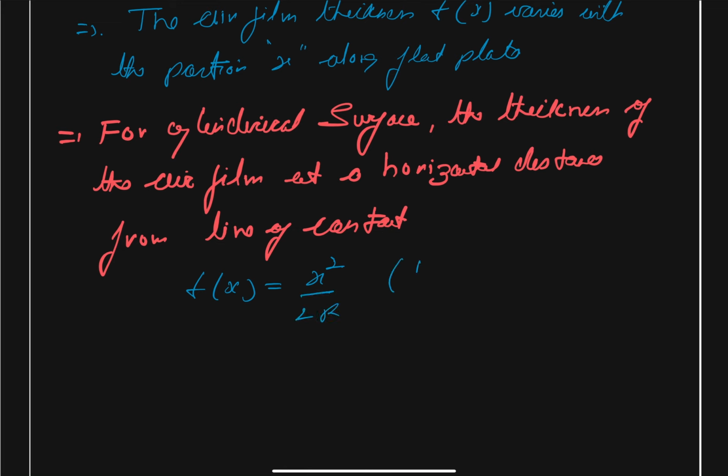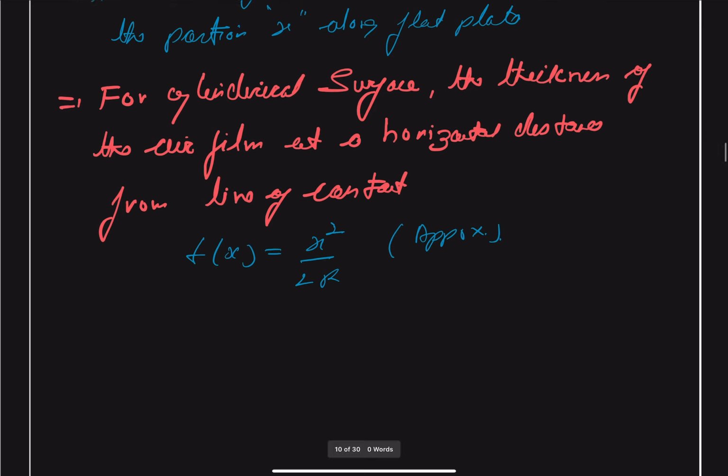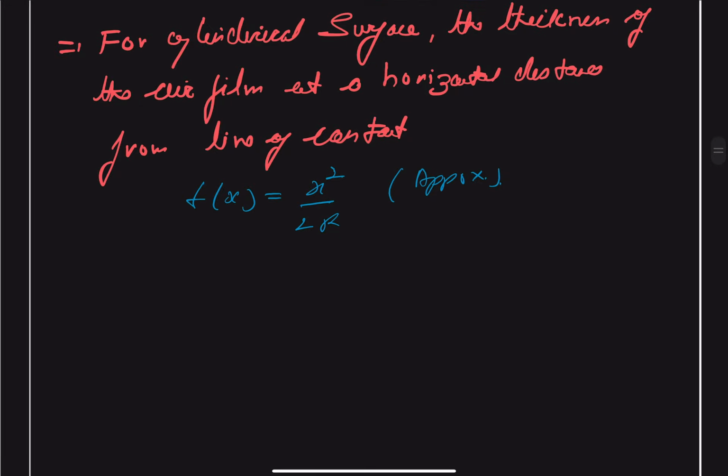Where r is the radius of curvature of the cylinder, and x is the distance from the line of contact, that is the center.